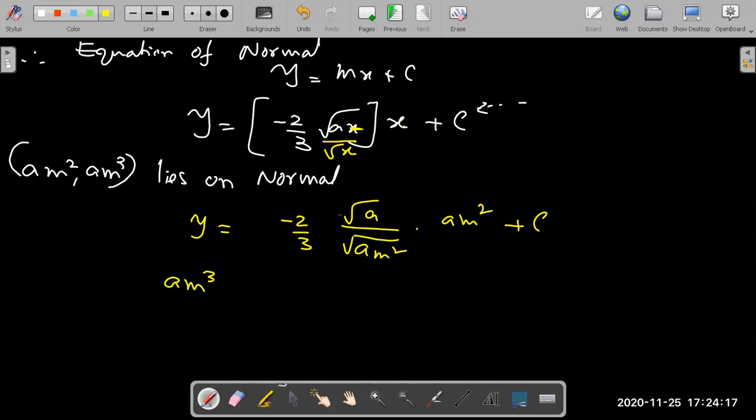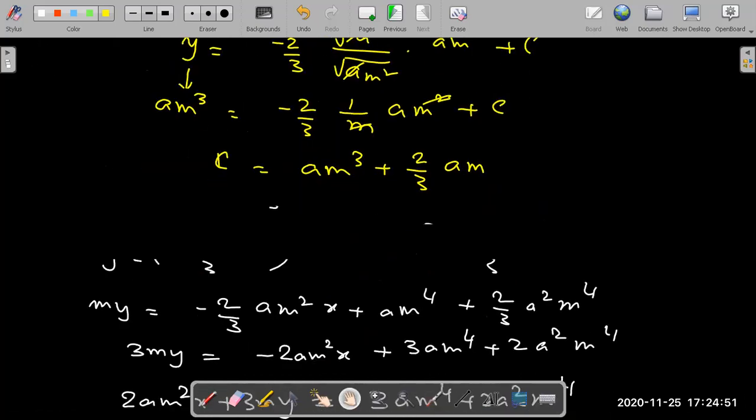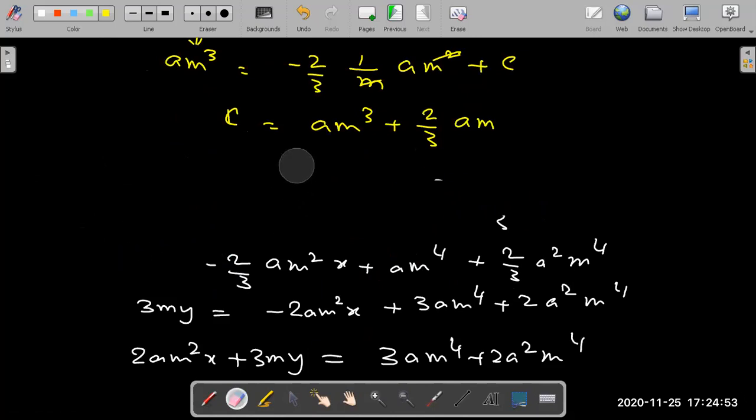I equate that to am cube, that's the y value. So you have minus 2 by 3 root a, and this root a gets cancelled. Root of m squared is 1 by m, and then you have am squared plus c. Okay, so this becomes m. So this m gets cancelled. So you'll have c is equal to am cube plus 2 by 3 am. So this is what the c value is. So that is everything.